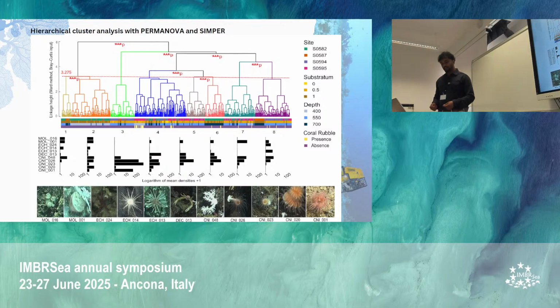I also conducted a SIMPER analysis to figure out which species contribute to the dissimilarity between these clusters. And interestingly, this analysis showed that certain dominant species are disproportionately creating the dissimilarity rather than a small number of rare species.